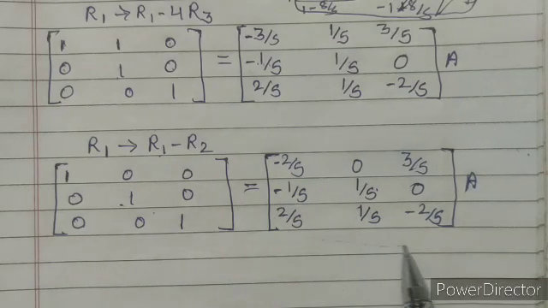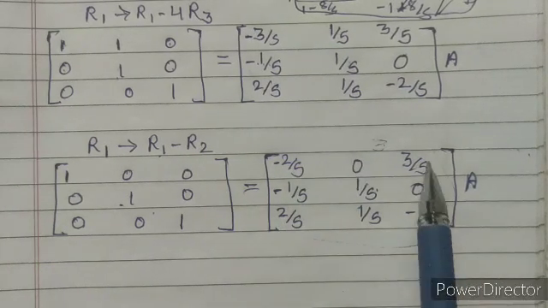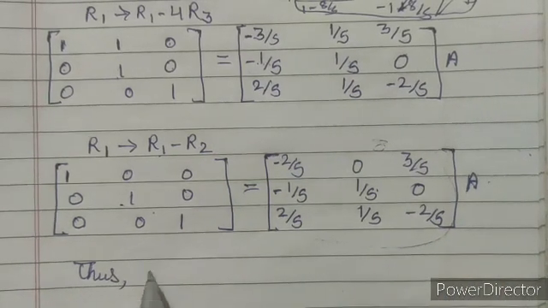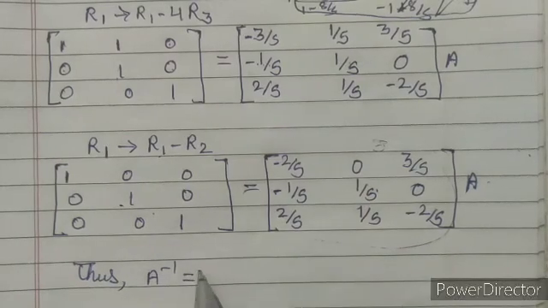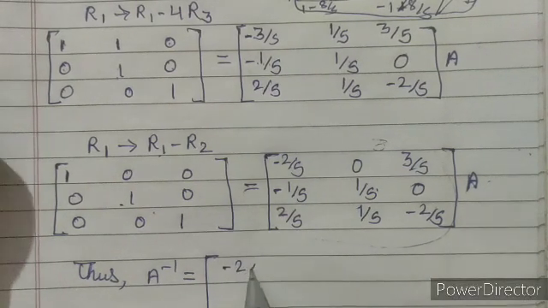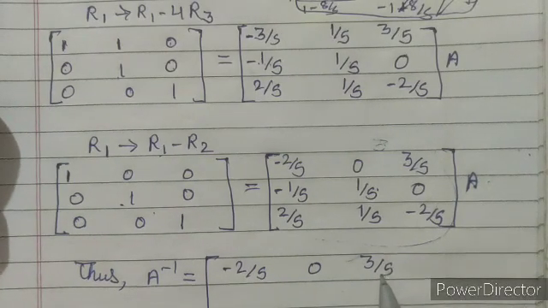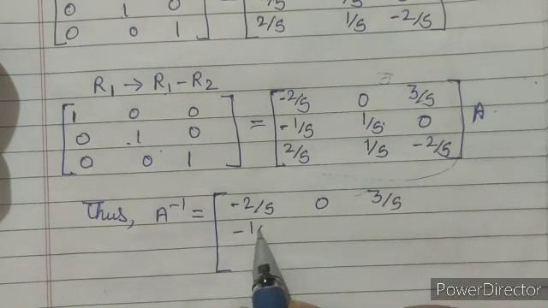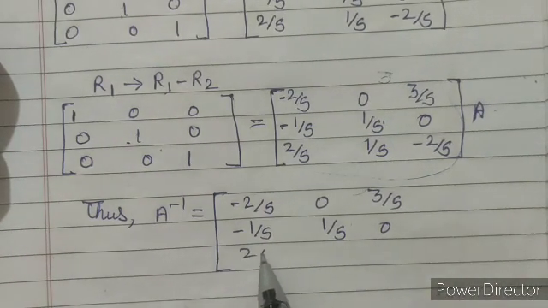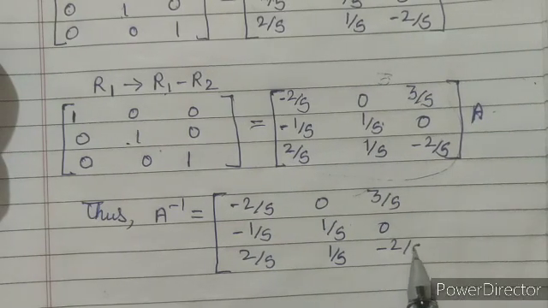That means this matrix B, if you are taking this as B, this matrix B is inverse of A. Thus we can say A inverse is equal to minus 2 by 5, 0, 3 by 5, minus 1 by 5, 1 by 5, 0, and 2 by 5, 1 by 5, minus 2 by 5.